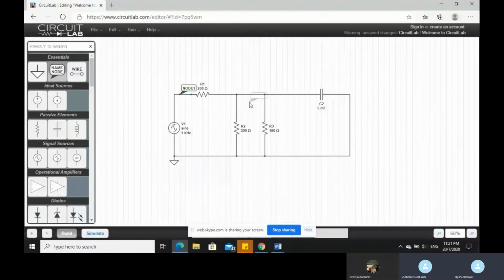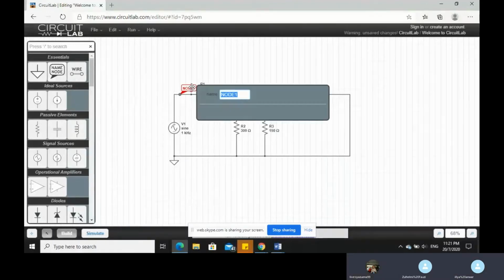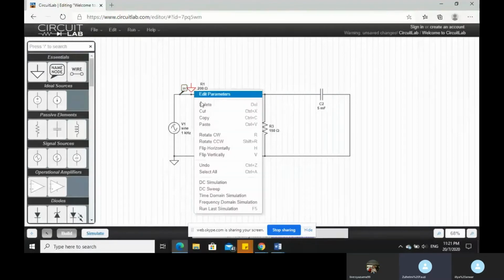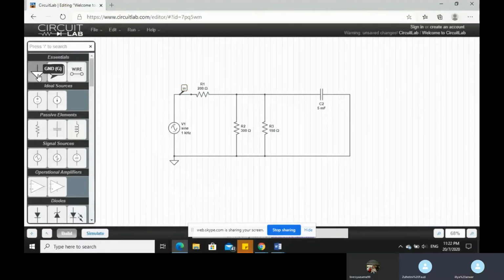The first point we put is before resistor 1, and the next point is at the junction between R1 and R2.